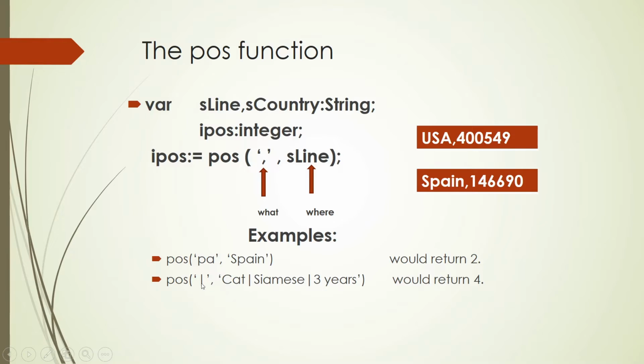Here I'm finding the position of a character in the string literal, and in this string literal, I have 2 such characters. So pos will return the position of the first occurrence of the searched character. So a string starts at index 1, 1, 2, 3, and it's going to give me 4, found at position 4.